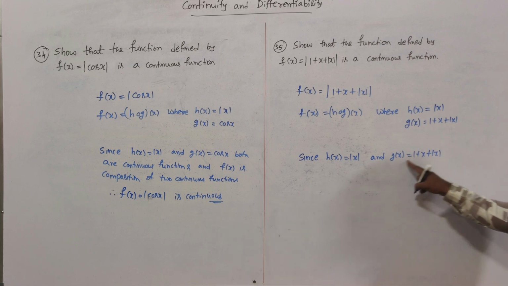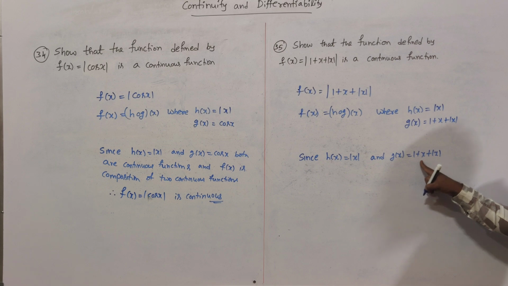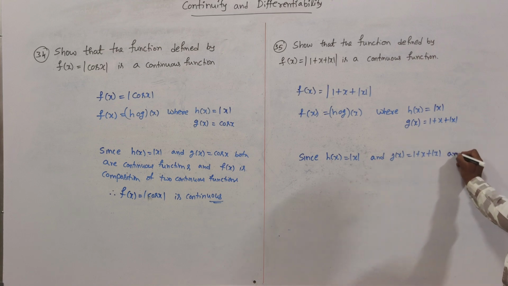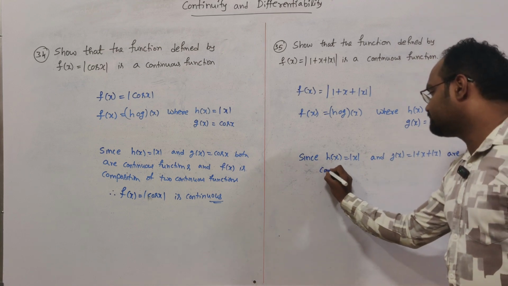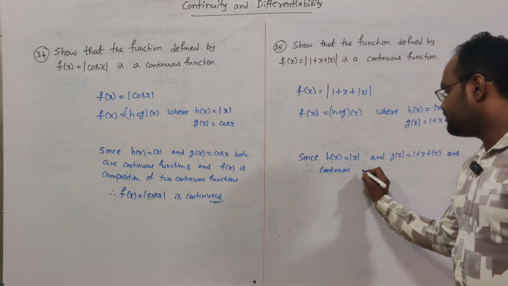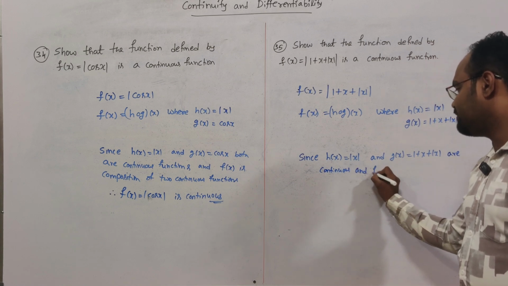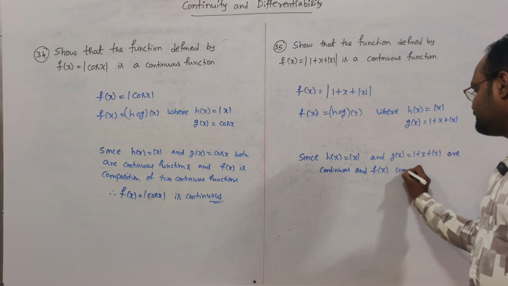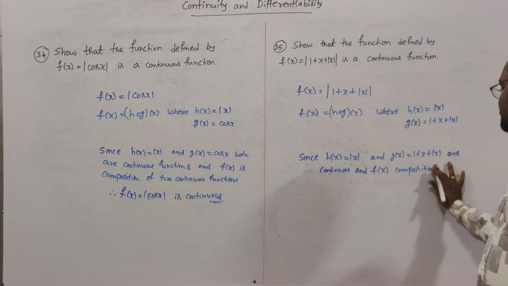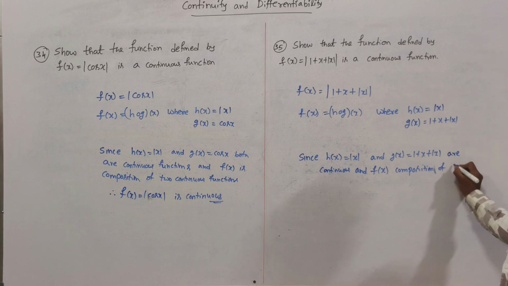Why is this continuous? 1 plus x polynomial is continuous, mod x is continuous, sum of two continuous functions is continuous, and f of x is composition of h and g.